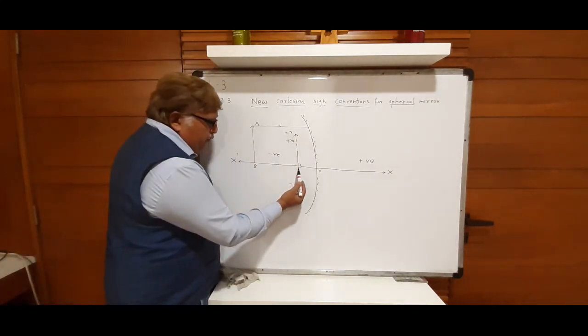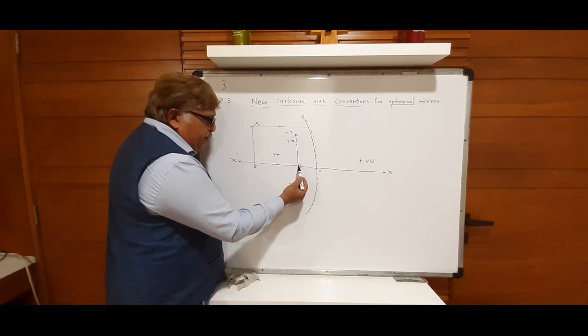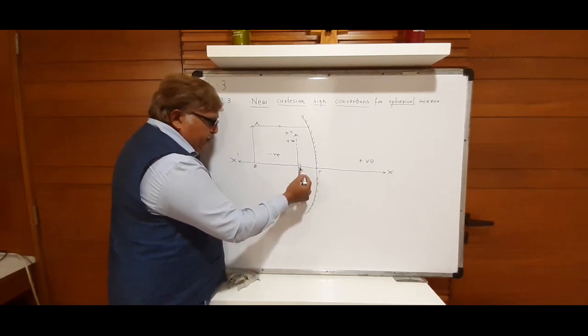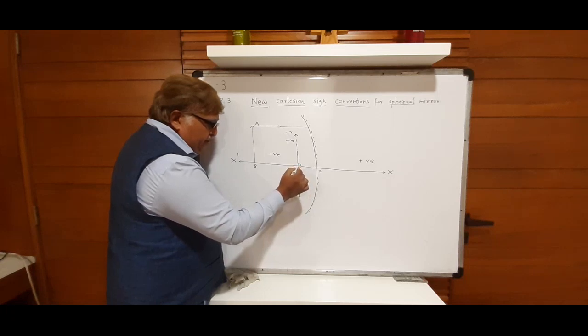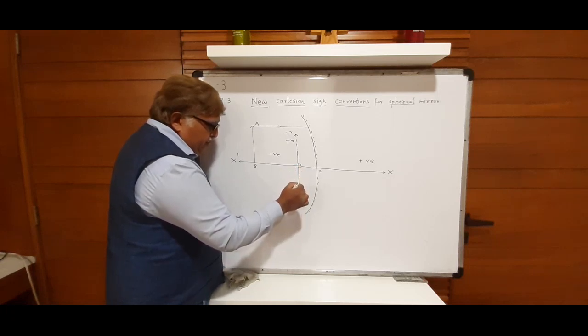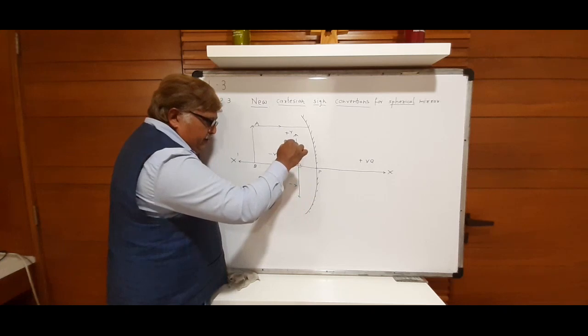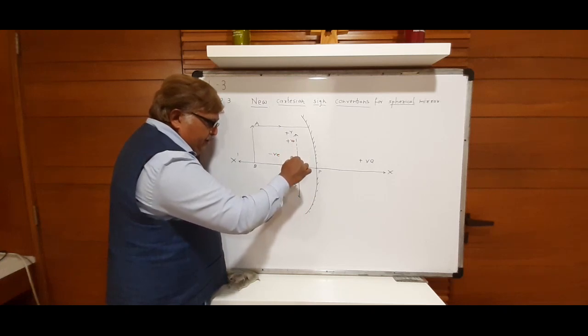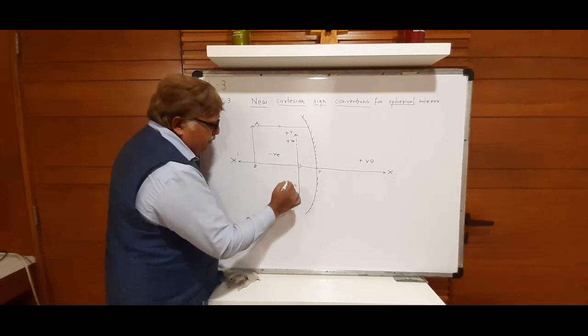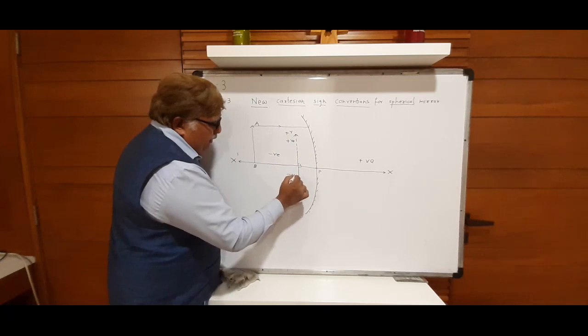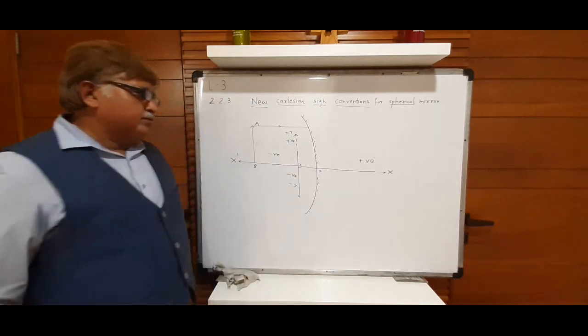Rule number 5, all distance measured perpendicular to principal axis vertically downward, means in negative y direction, are taken as negative.